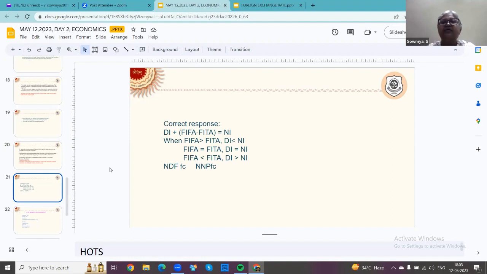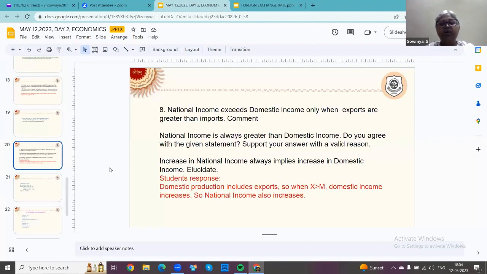The correct response added to the student's response will be a proper, more comprehensive answer. Of course, the board did not insist on this bit, but if the child wants to give a complete answer, what I would suggest is that plus this. That way no confusion will be there, and the child will be able to cover every point possible for the query.